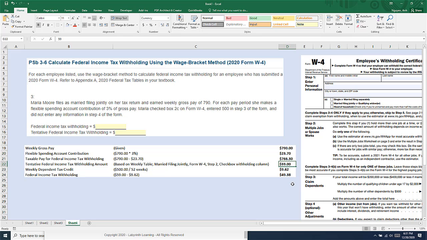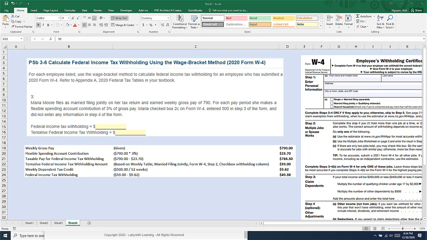$59 as our withholding. However, we have a dependent tax credit of $500, and when we calculate per week as in weekly pay, it comes out to $9.62. Therefore, the withholding is not $59. It's less than that because we are getting credit of $9.62 as a result of having a dependent.